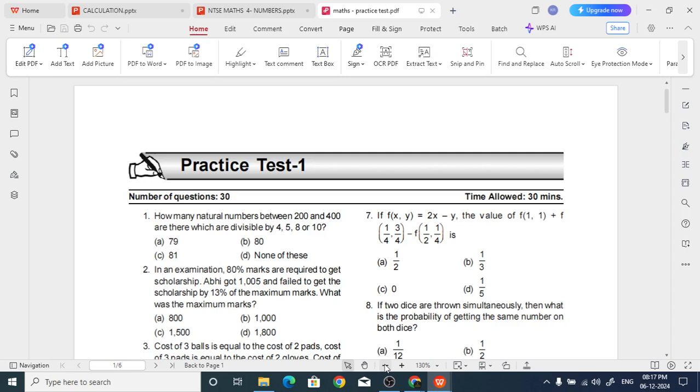Just check. Are you getting 1500? Yes, sir. 1005 divided by 67 and multiplied by 100.